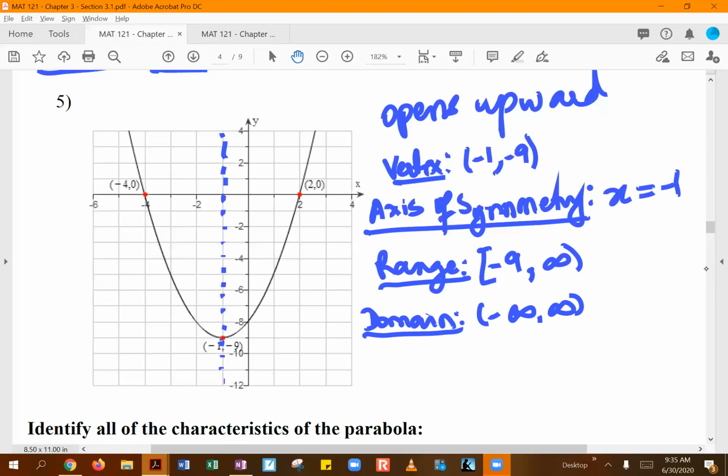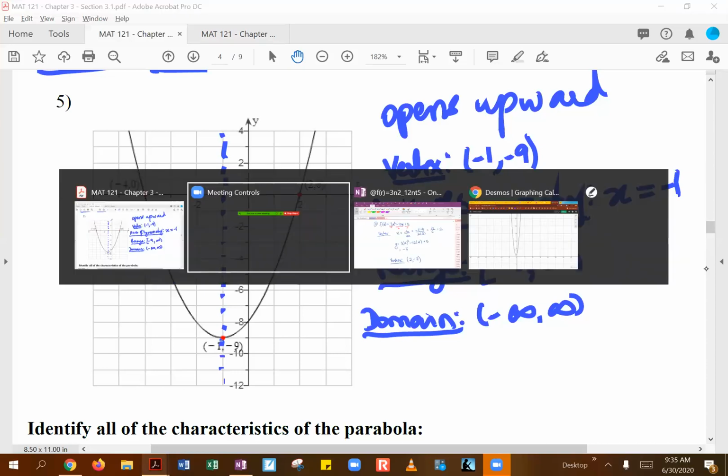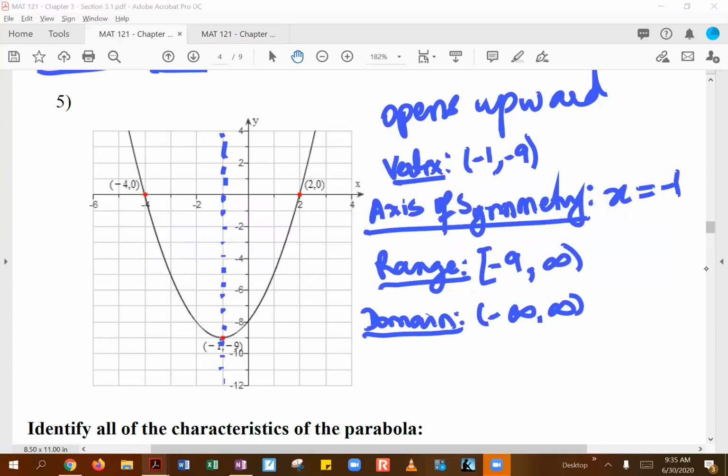Okay, so can you tell me if we're going to have a maximum or a minimum value on this function? Minimum, okay, very good, because obviously the parabola is opening up, so the vertex is the lowest point on our graph.